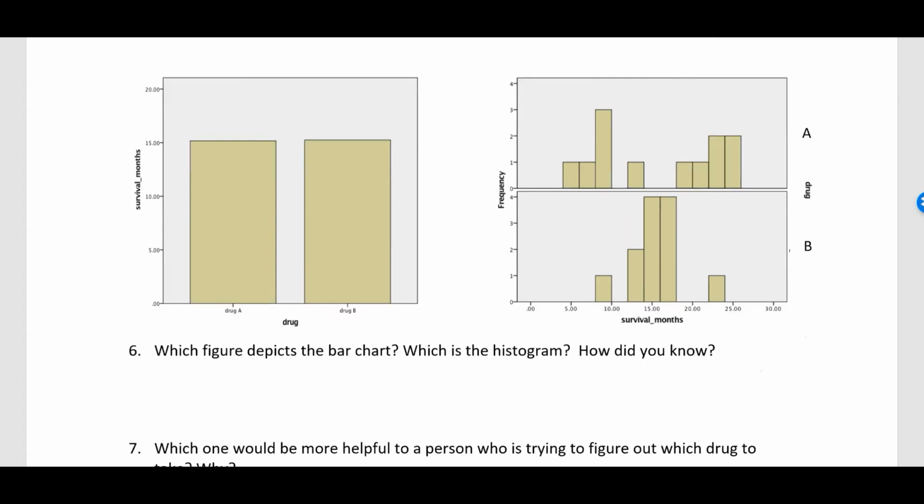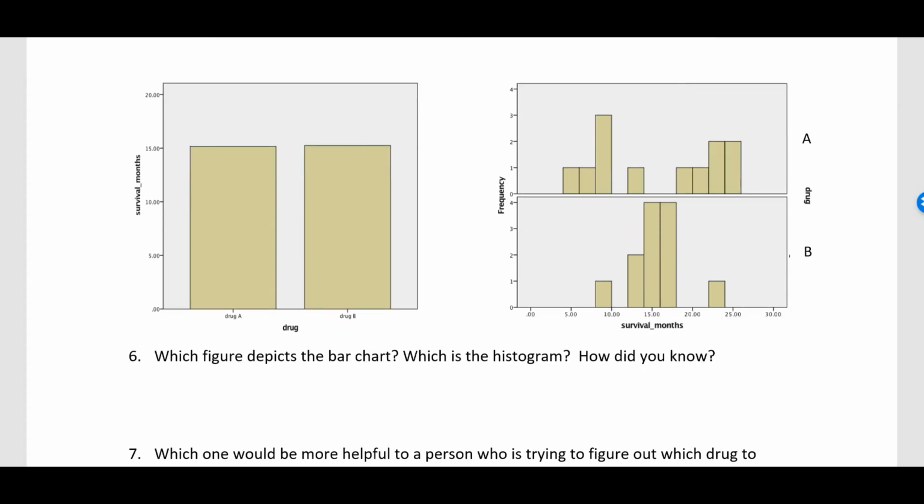Now, I hope everyone got this one right. Which one's the bar chart? Remember, bar charts are the ones we can use to show categories, so this one will be our bar chart. And this one shows our histograms, and we can see there are no gaps in between.